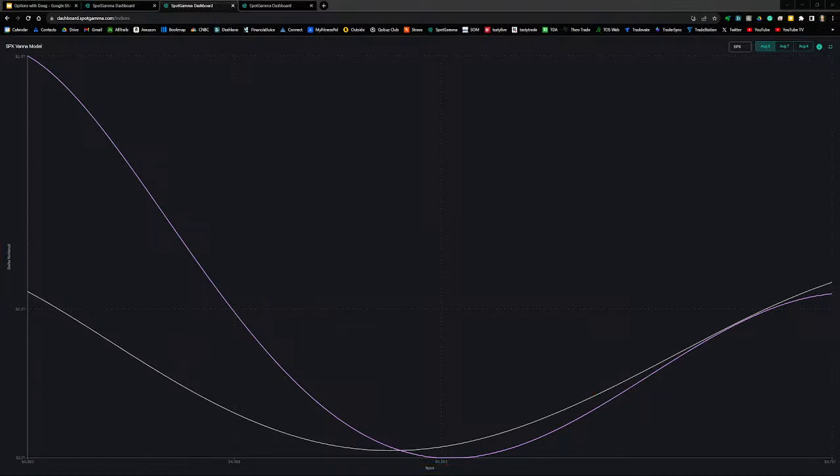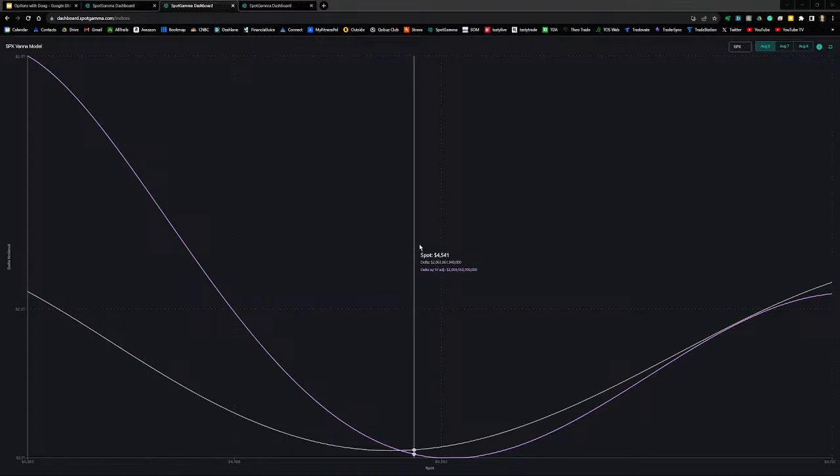SPX traded down right around 44.64. So in the low of the day, market maker's position on the gamma curve was firmly in this negative region, this left skew, where they are selling futures as price decreases and buying back short futures as price increases.